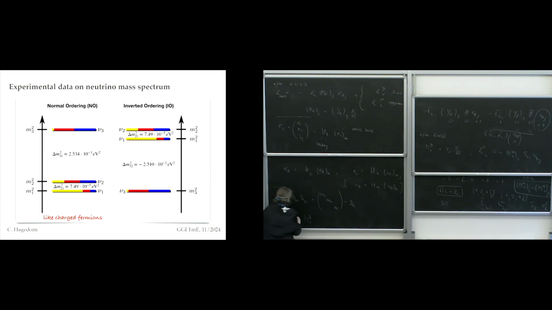You would get a U dagger, U_R, and this should give you a mass matrix where you have m1, m2, m3, the masses of the 3 neutrino generations. Right? So you can do that.